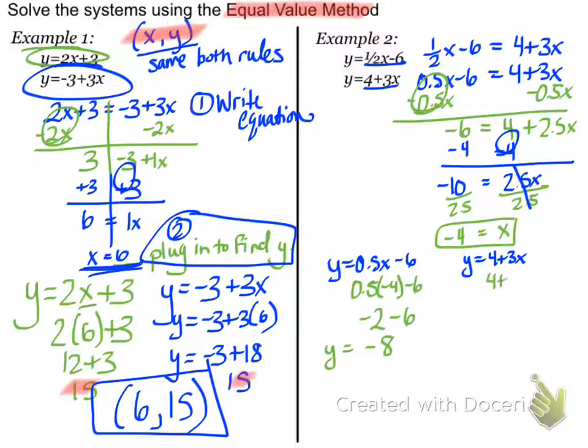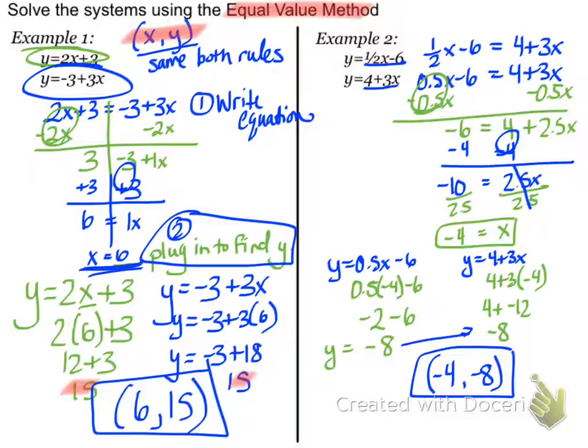So I'm going to do 4 plus 3 times negative 4. Doing the math with order of operations, multiply first, so I get negative 12. 4 plus negative 12 is negative 8. Good news is I got the same answer, so that's the correct solution. So the answer is negative 4 for x and negative 8 for y. So it's a coordinate pair, negative 4, negative 8. And I am done with this problem.